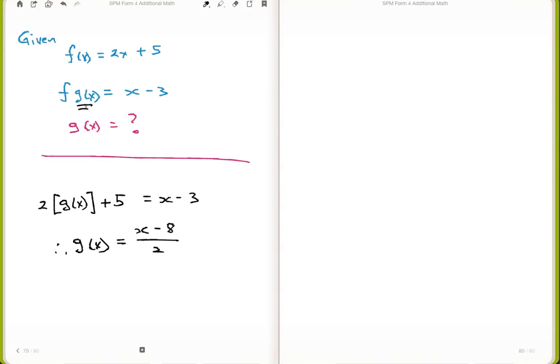Now next, given another example, g(x) is equal to x minus 5 this time.